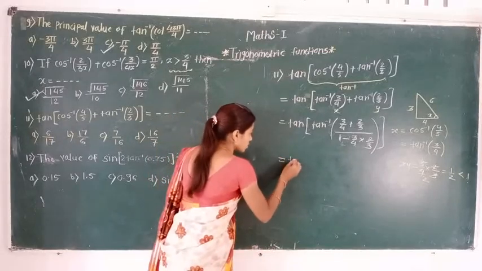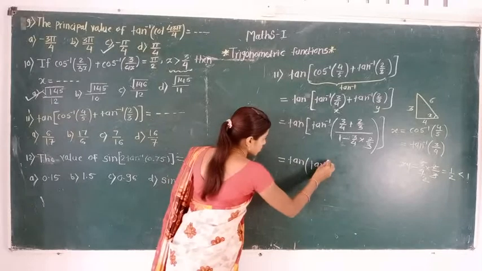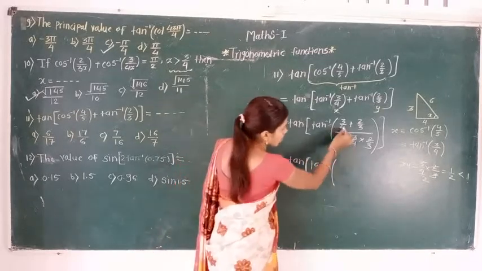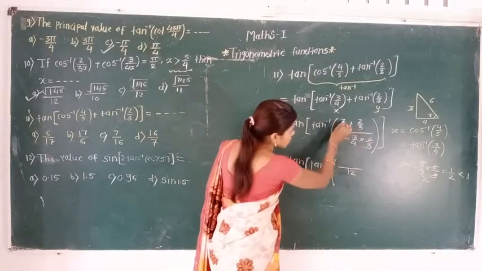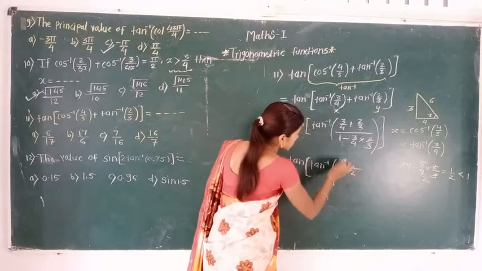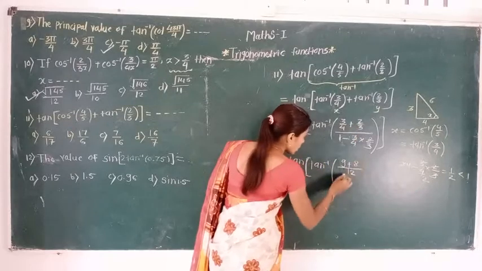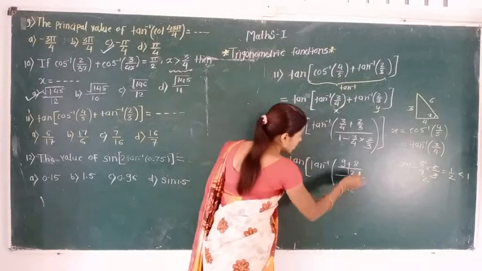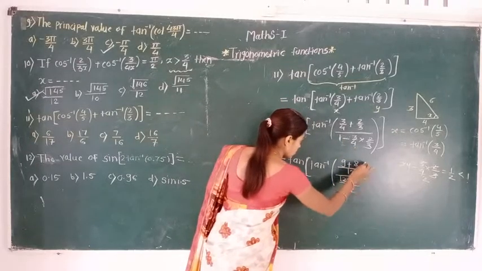We can write tan of tan inverse in bracket, the LCM of these two terms is 12, take a cross multiplication, 3 3s are 9 plus 4 2s are 8, whole term divided by LCM 12, cross multiplication is 12 minus 6.